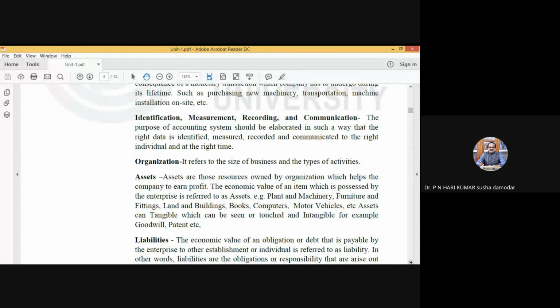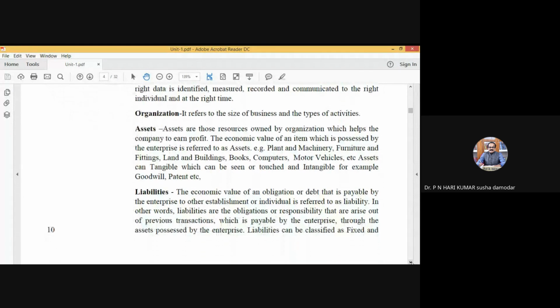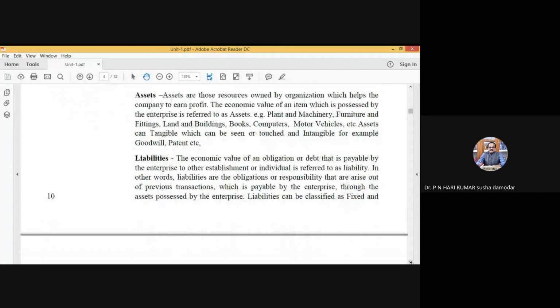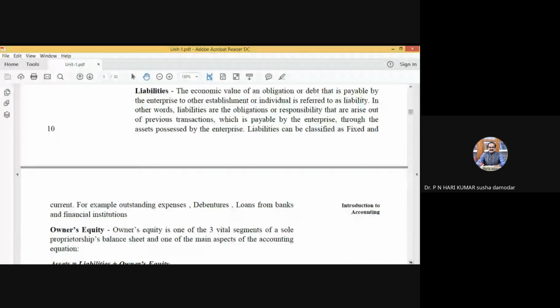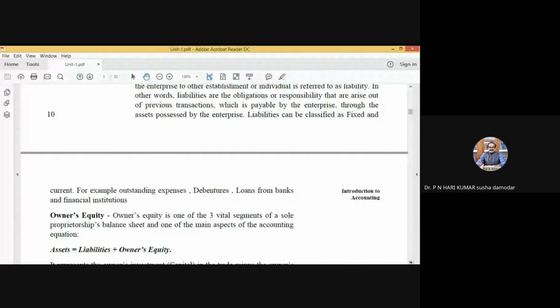That is how we identify how many assets the organization owns and how many liabilities it has to fulfill. This is shown by preparing a statement called a balance sheet.